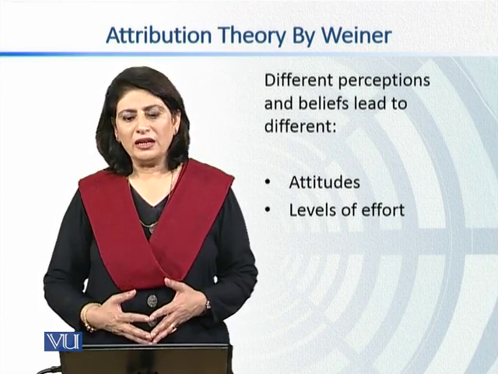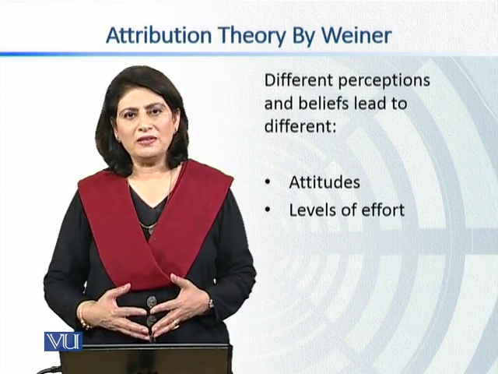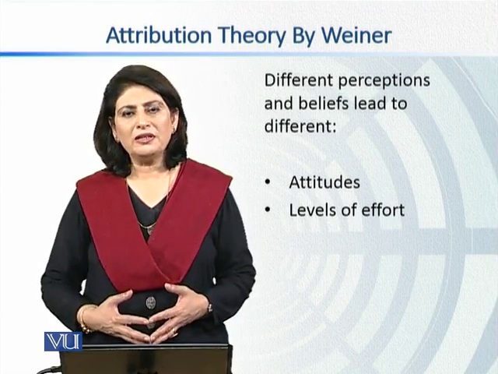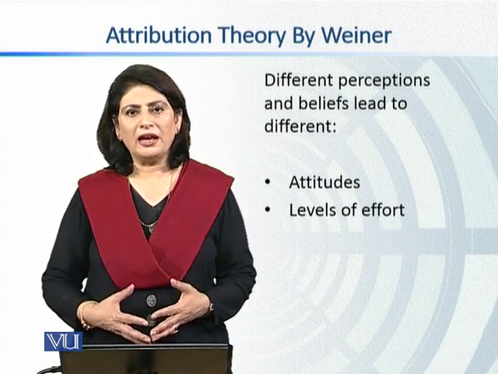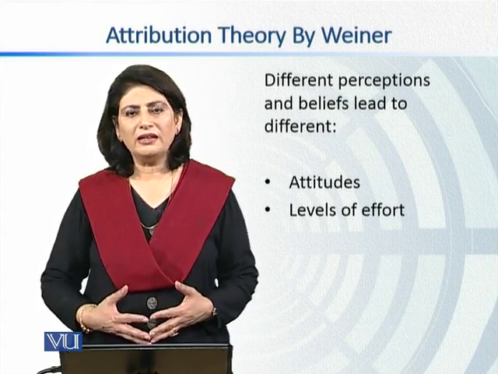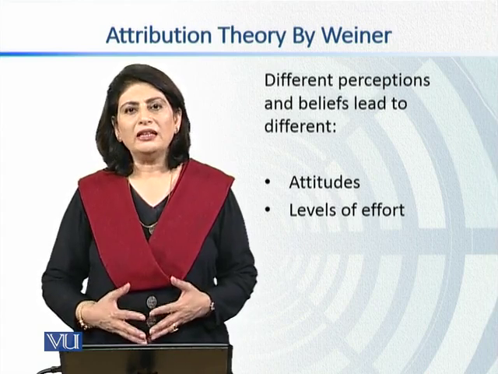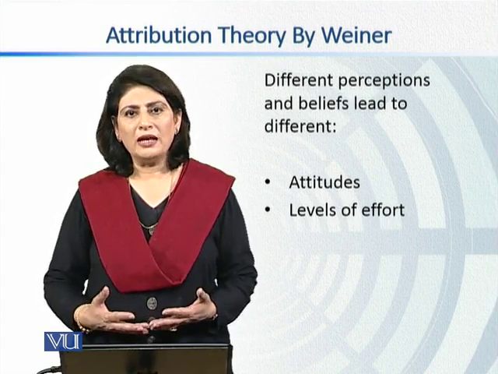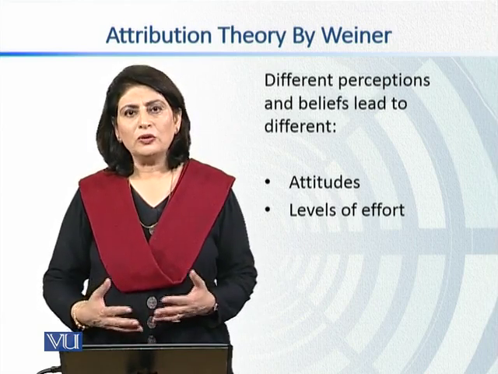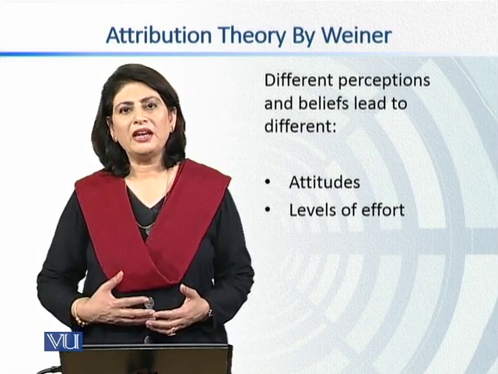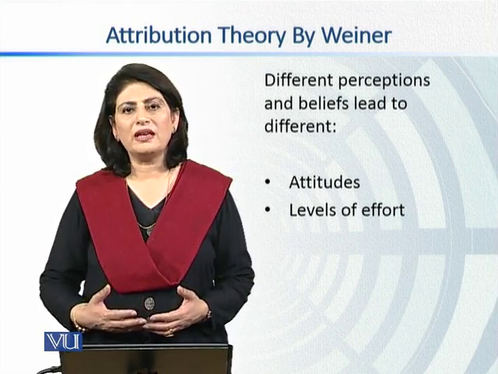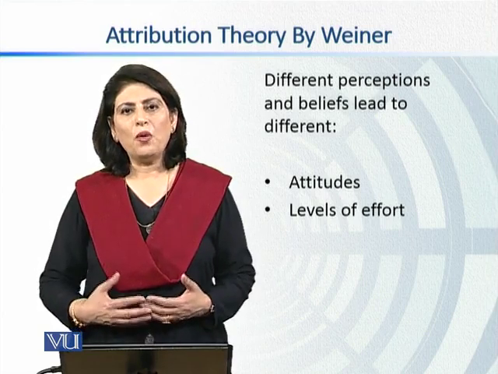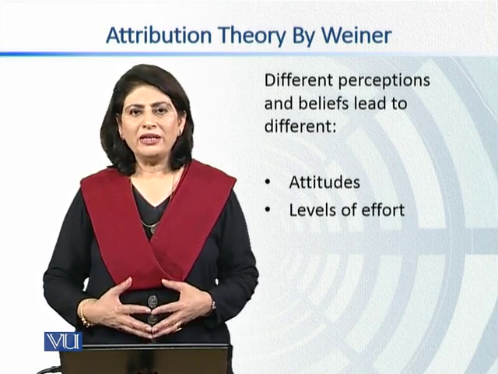So what we are saying in this attribution theory is actually that the success and failure of the learners in learning the second language actually resides in the kind of attitudes, in the level of efforts that they bring to the class. And also, it is reflected in the attribution of their own success and failure, the factors that they identify, why they succeeded or why they failed.